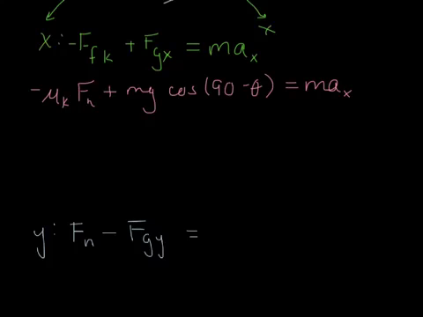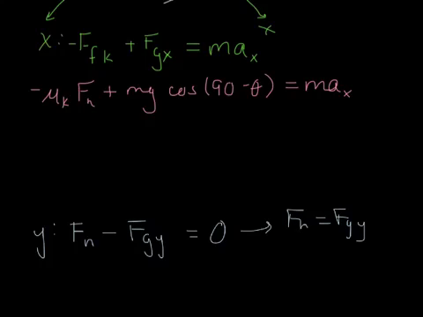The surface of the ramp was the x direction. So this object is only moving along the x-axis. It's not moving up and down off the ramp at all. So this is just 0. ma is just 0 here. Now, add Fgy over, giving us Fn equals Fgy.